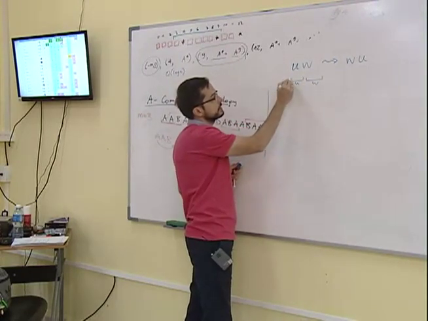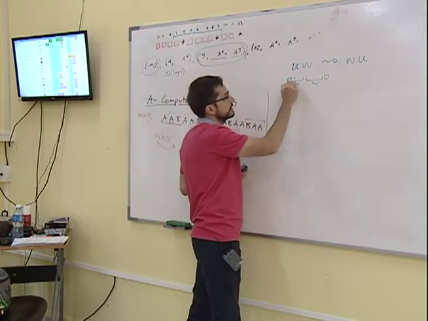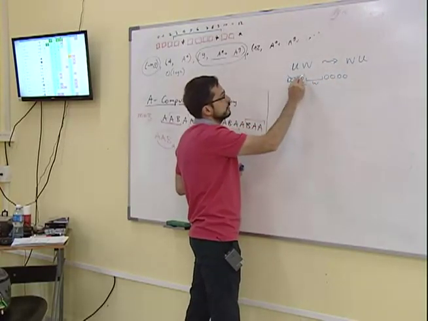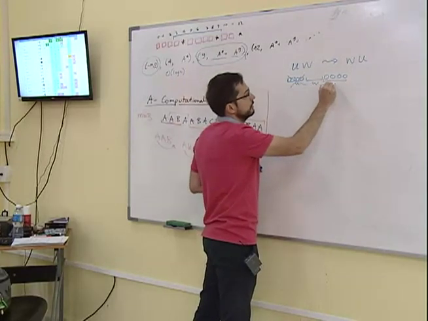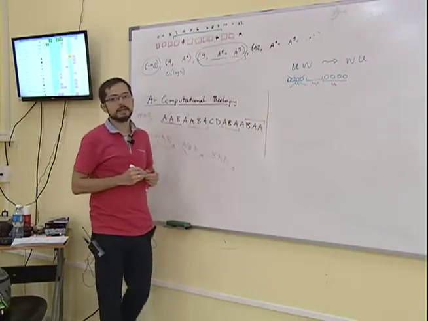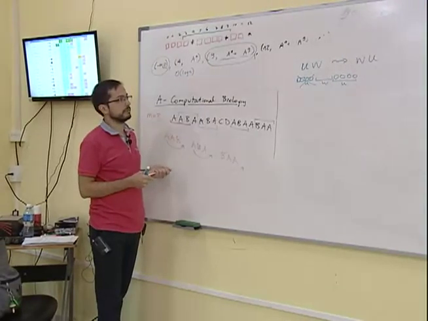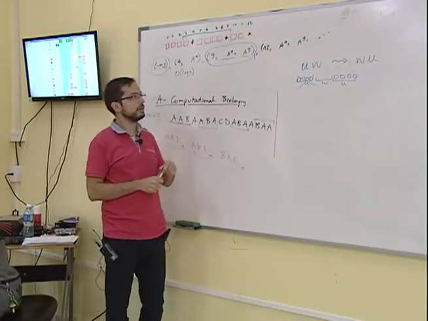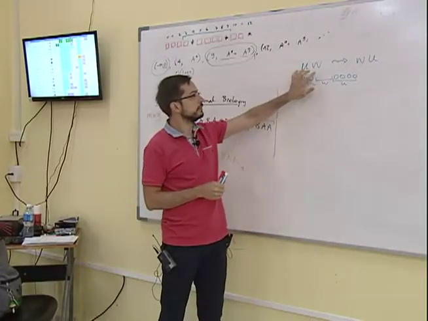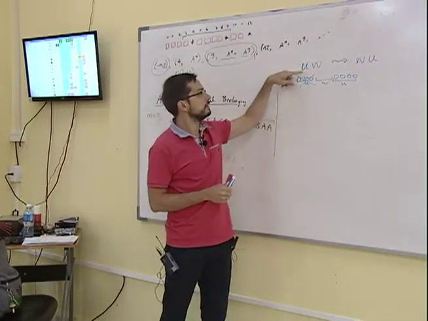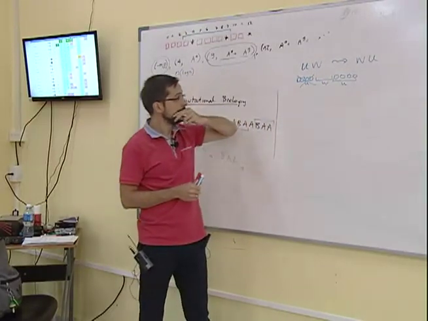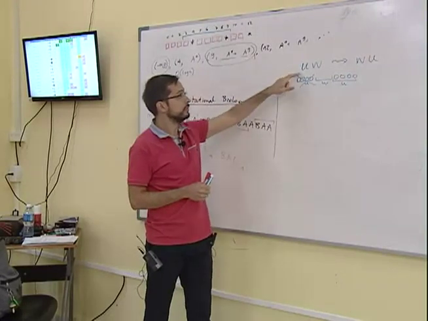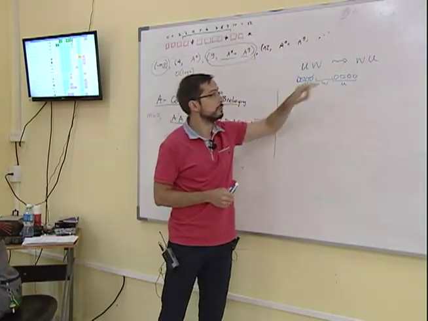You take these letters from u, put them here, take another, put it here, another, put it here. So basically you don't have u here anymore, but you have u here. All right? And you can also think of a definition that two words are cyclically equivalent if you can partition them into two parts such that you have parts u and v, and you have parts v and u.